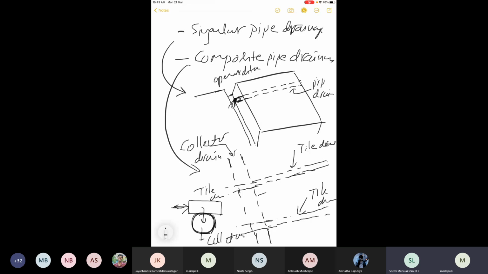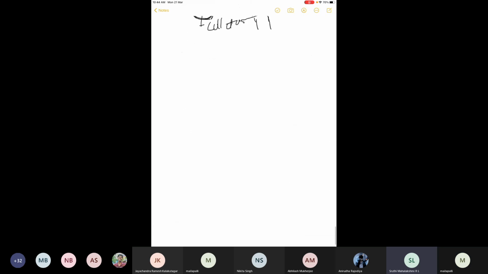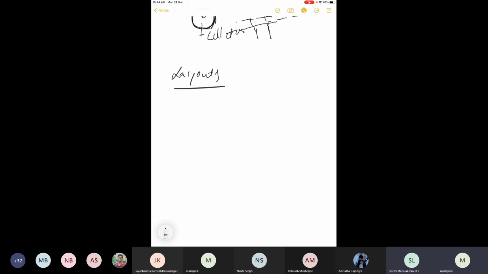In the case of subsurface layouts, the two layouts we discussed in surface drainage systems are common. We would see the same terminology here: a random field drainage system and a parallel system.